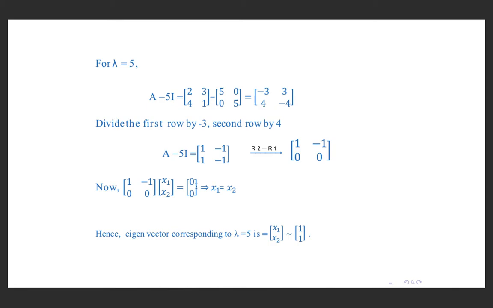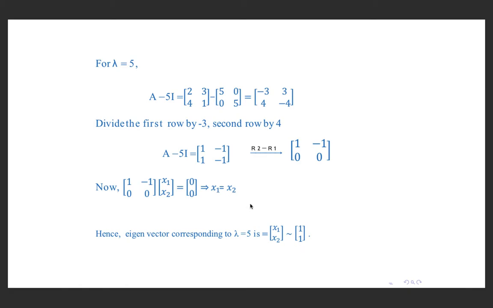Because on the right hand side we have a null matrix of order 2 by 1, therefore x1 minus x2 is equal to 0, which gives x1 equal to x2. And in the second term we have 0 equal to 0. So the eigenvector corresponding to lambda equal to 5 is x1, x2, which is equivalent to 1, 1, because x1 is equal to x2.